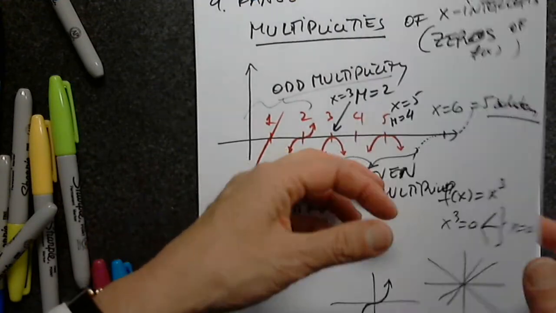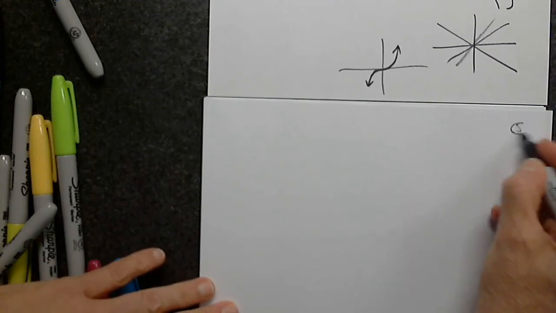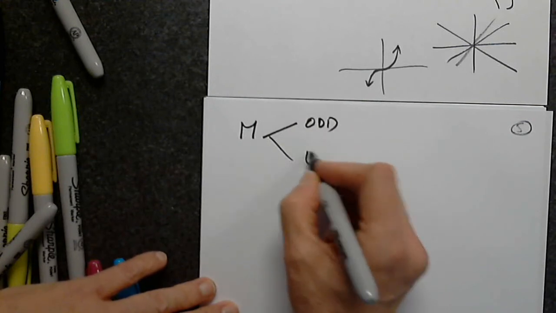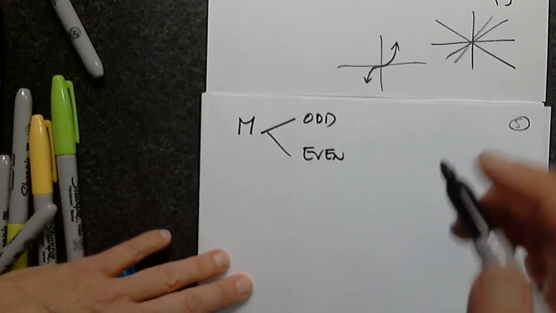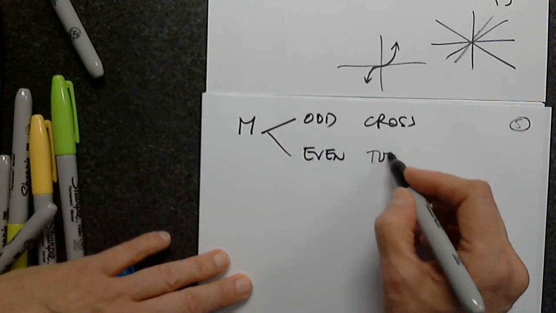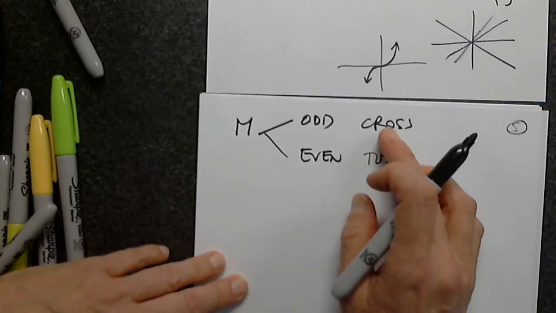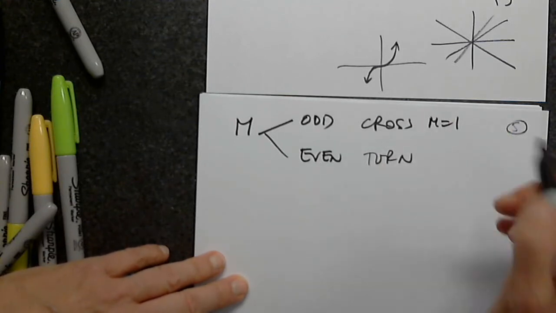We are going to learn this in a minute with examples, but if you want to summarize it, we can summarize it. So multiplicity, odd and even. Easy for you. Odd multiplicity, it's a cross. Even multiplicity is a turn. Now, if the multiplicity is 1, it's a regular cross.